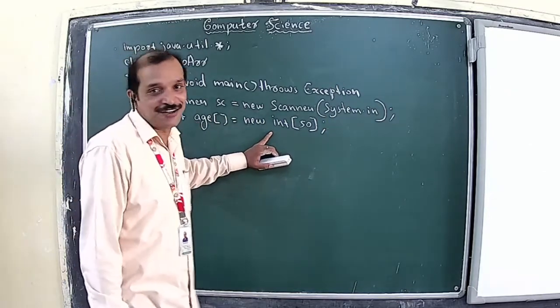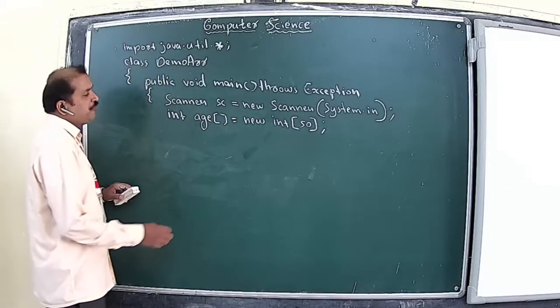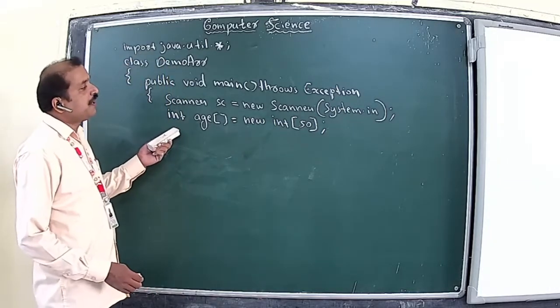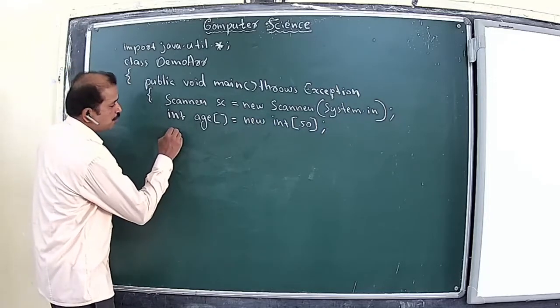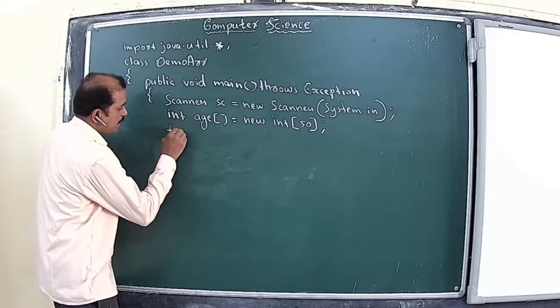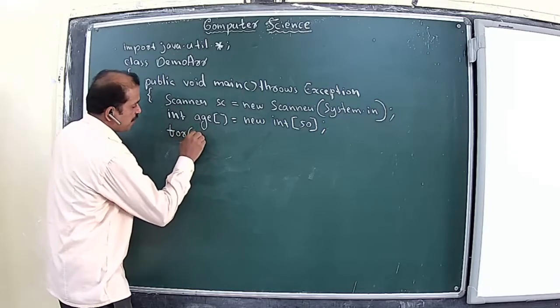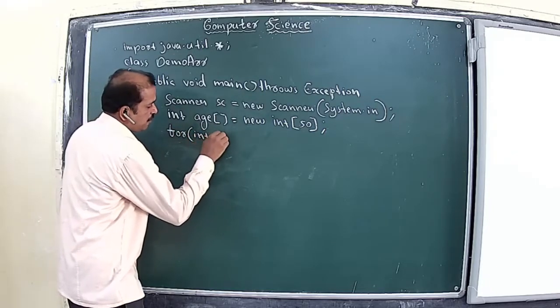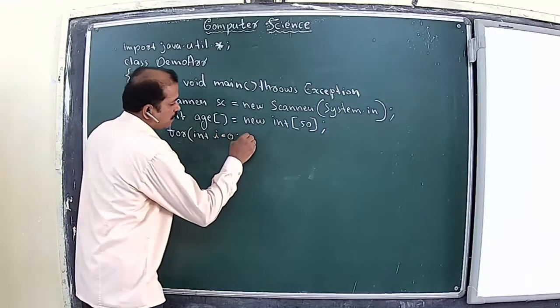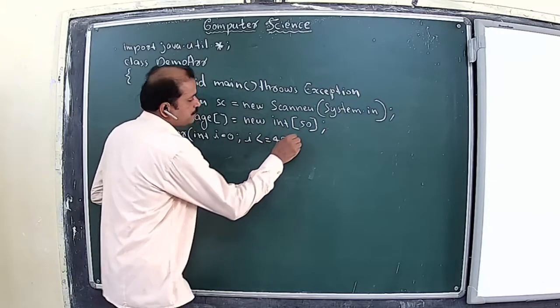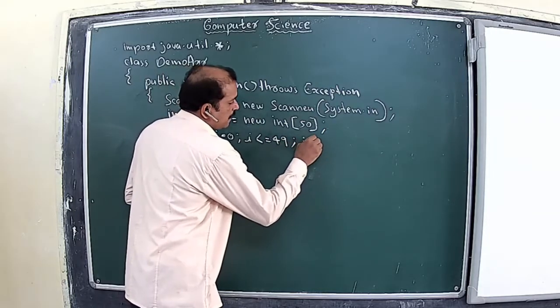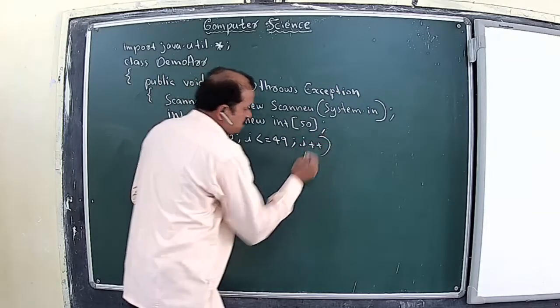to 49. Now we will be able to use a loop that iterates through 0 to 49 for processing this array: int i equal to 0, i is less than or equal to 49, i plus plus.